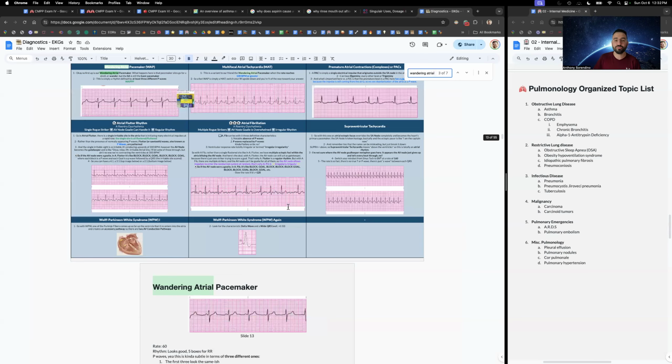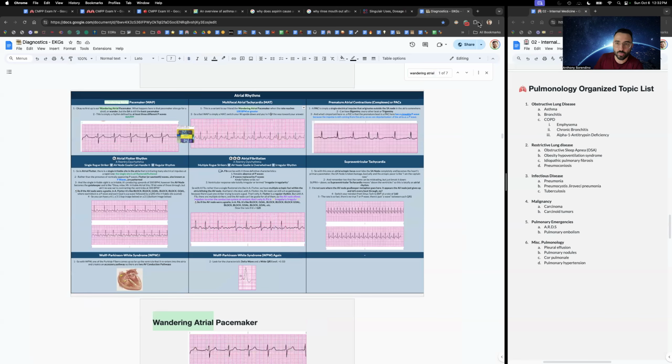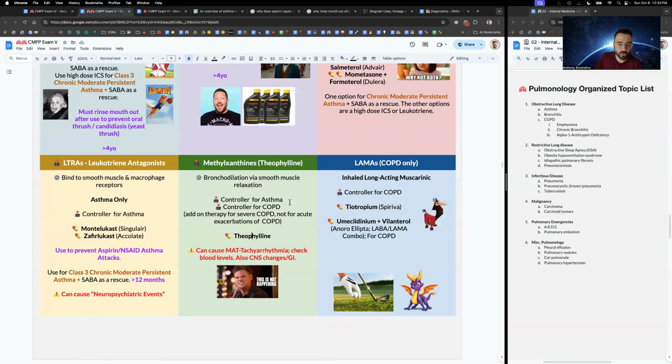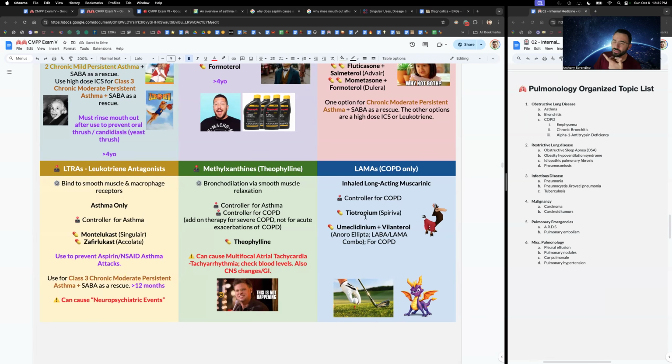Yeah, multifocal atrial tachycardia. That's the big one you want to know about. What could theophylline cause? That's going to be multifocal atrial tachycardia, or MAT. And you want to just fix the underlying cause, which is to stop taking theophylline.